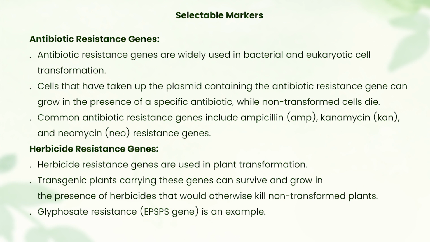Common antibiotic resistance genes include ampicillin, kanamycin, etc. Herbicide resistance genes are used in plant transformation. Transgenic plants carrying these genes can survive and grow in the presence of herbicide that would otherwise kill non-transformed plants. Glyphosate resistance gene is an example.